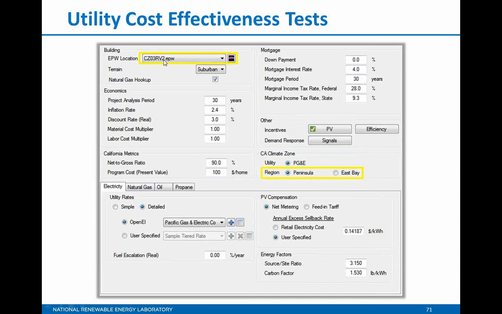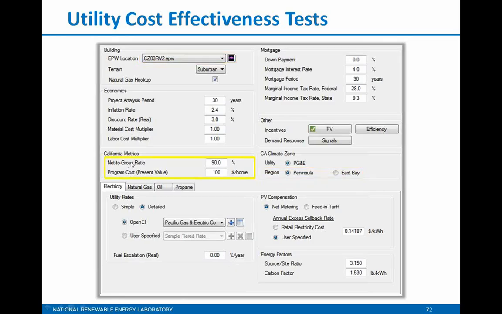In some cases, I think one climate zone, actually for the Bay Area, the avoided costs are different between the San Francisco Peninsula and the East Bay, so that's again an input.